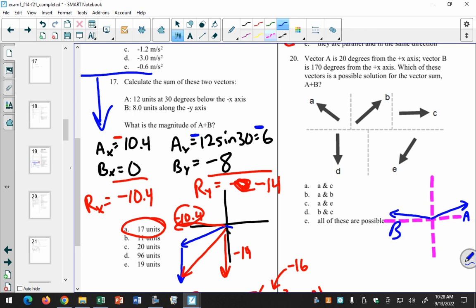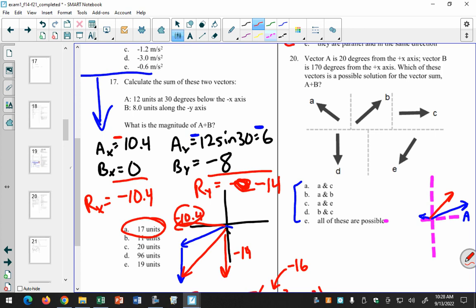And now I want to know which of these 5 vectors that I've drawn is a possible sum of A plus B. Notice that there are options here that have 2, or maybe all of them are possible. It depends on the magnitude of A and B. So for example, if A is really small and B is really big, then say this is the vector B and A looks like that, then I'm going to get a resultant that's over here.